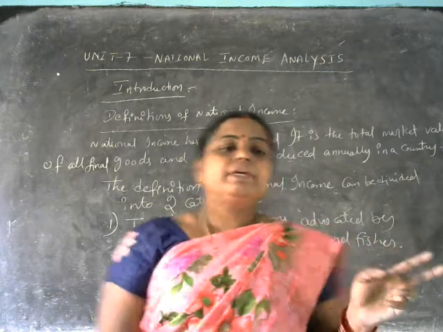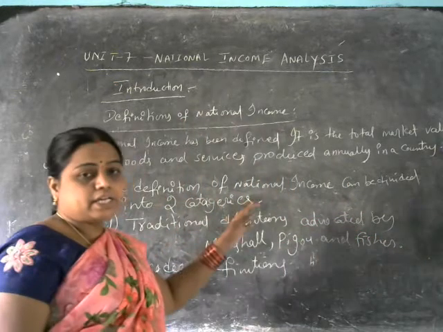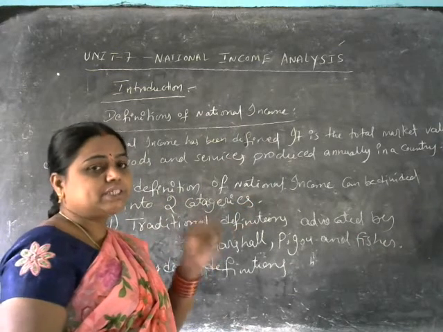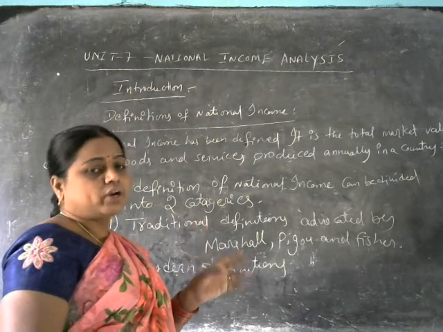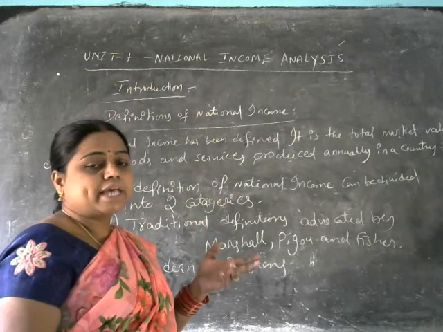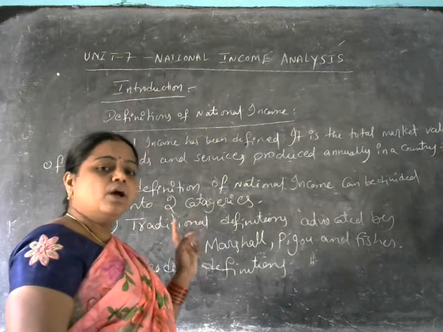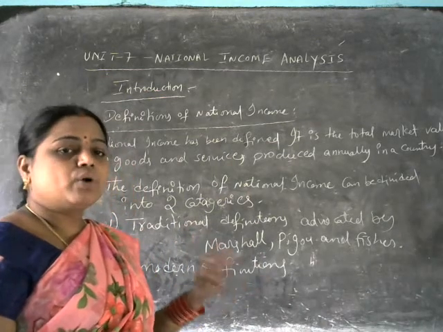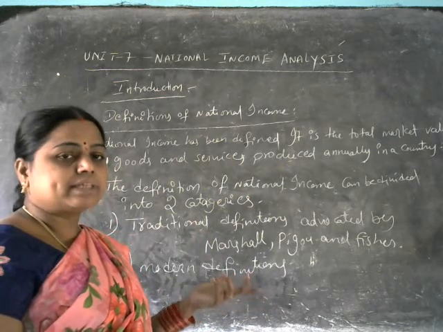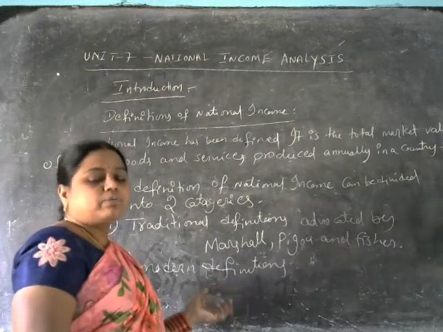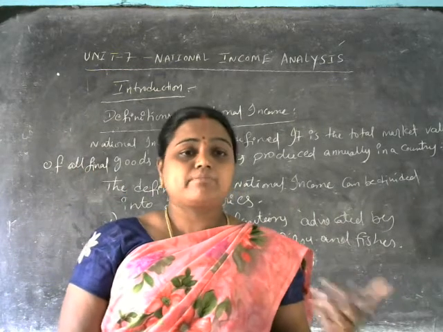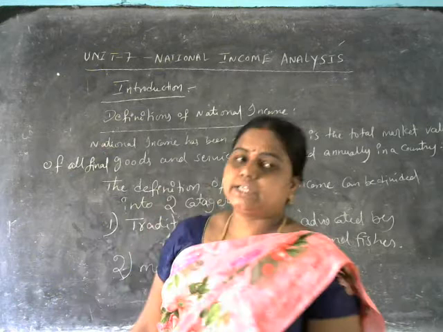So mainly the definitions of national income can be categorized into two categories. One is the traditional definition, and the other is called the modern definitions. The traditional definitions have been defined by Marshall, Pigou and Fisher. Marshall is one economist, Pigou is one economist, and Fisher is another economist. The modern economist is called Quaznet here.